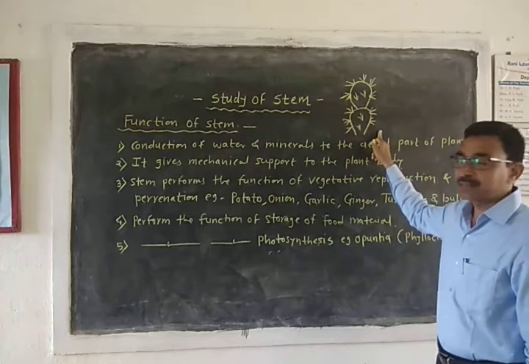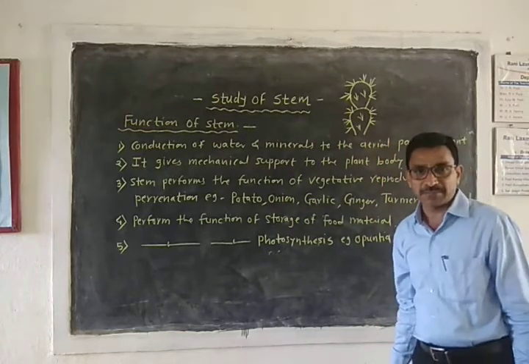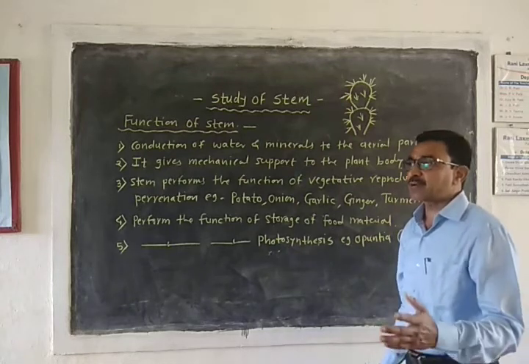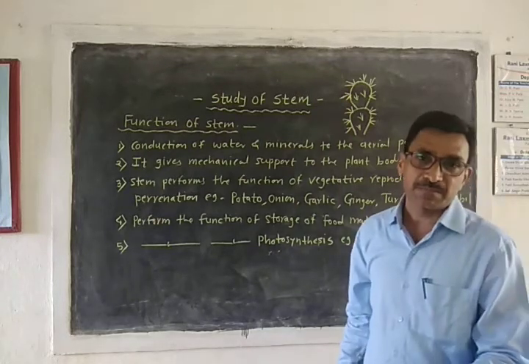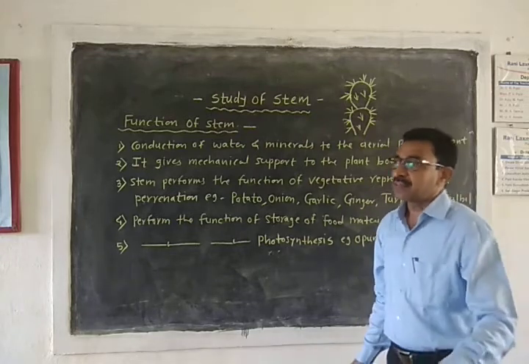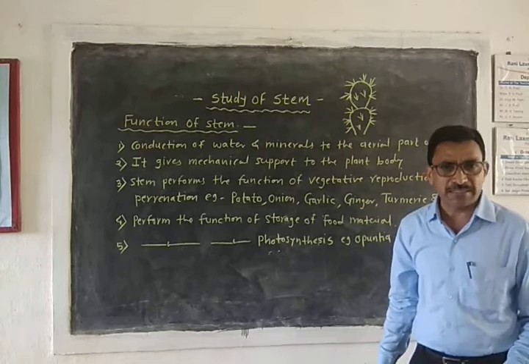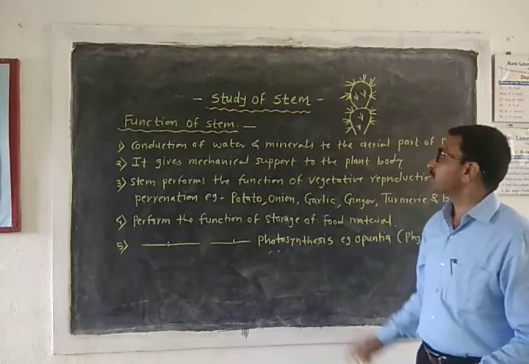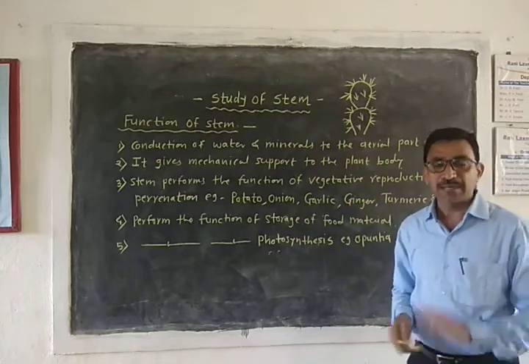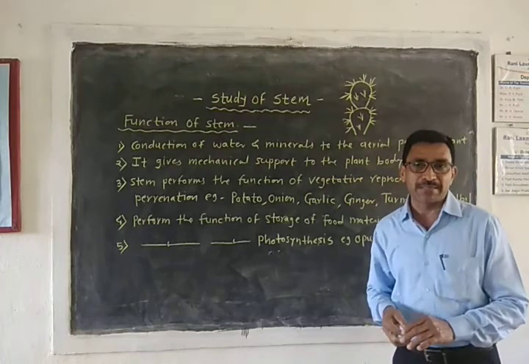These are xerophytic plants. These plants grow in xerophytic conditions, where water availability is very low and temperature is excessive. In such conditions such plants grow, and they are called xerophytic plants.